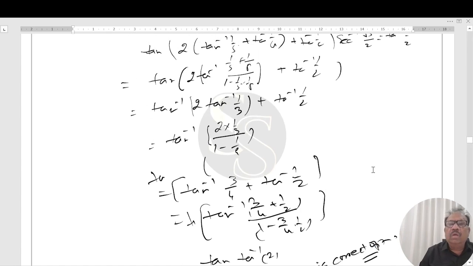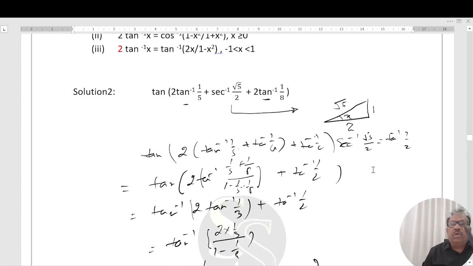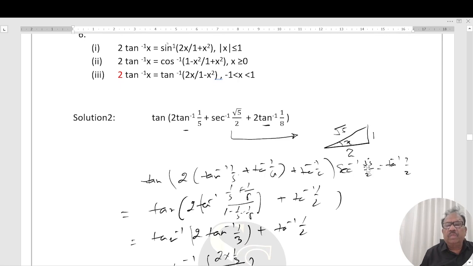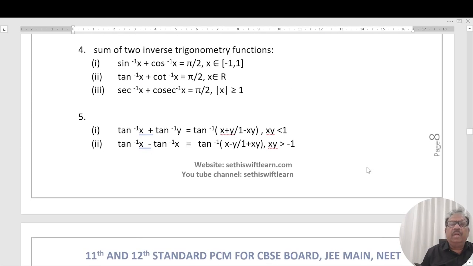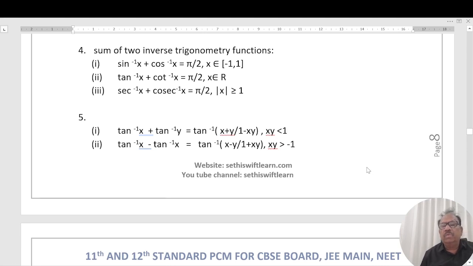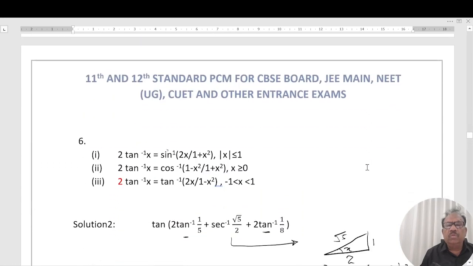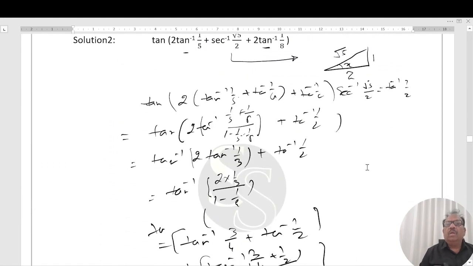Now, I will again repeat the things. We have to apply the formula 2 tan inverse x equal to tan inverse of 2x upon 1 minus x square, and tan inverse x plus tan inverse y equal to tan inverse of x plus y upon 1 minus x into y. Using these two properties, one term is mismatching: one term is tan inverse, one is sec inverse x. Try to match all the things.